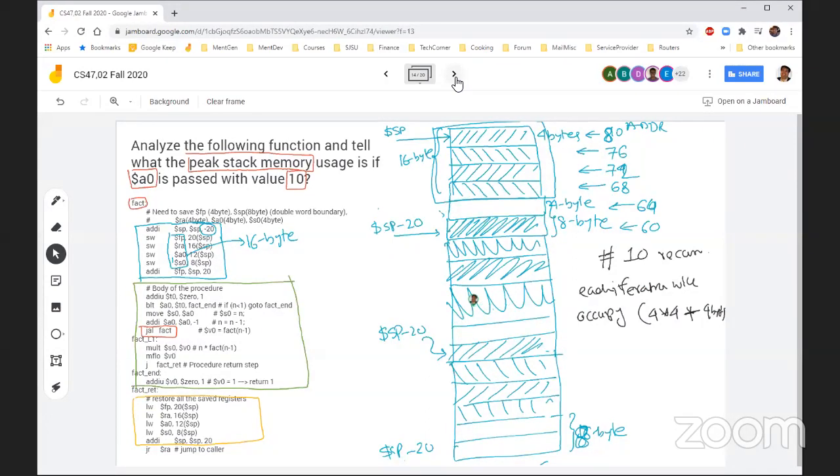So that means it is 16 plus 4 equals 20 bytes.